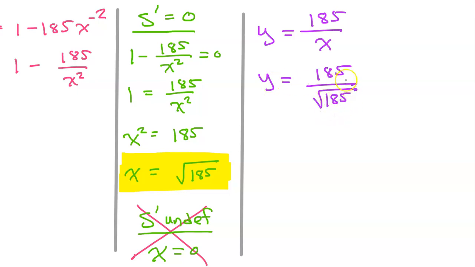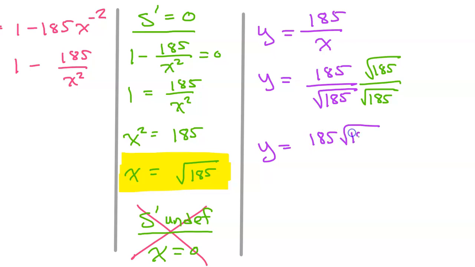So we could leave it like this, but if you rationalize the denominator, which is just so easy that I kind of want to do it, then I end up with y equals 185 radical 185 over 185. So of course these 185s cancel each other out, and I end up with y equals radical 185.